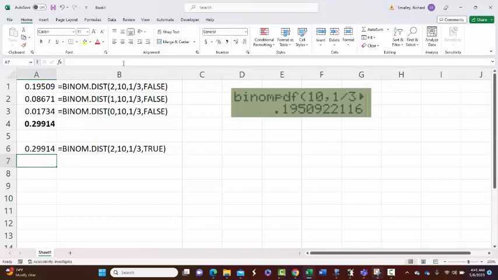You see what happened? That's what I was trying to explain. The difference between the two is the true adds up 2 and 1 and 0 automatically. So you see I did them individually here with false and then added the individual results, so it's the same thing. Now let me show you over here the calculator.